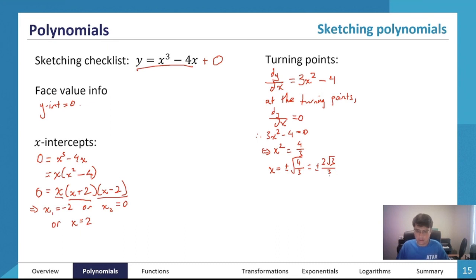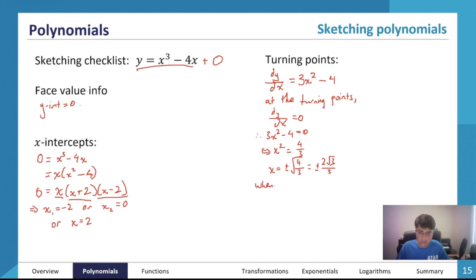Okay, yeah, that looks right. So we've got our x values here. We can then just plug those into our equation to get the y values.